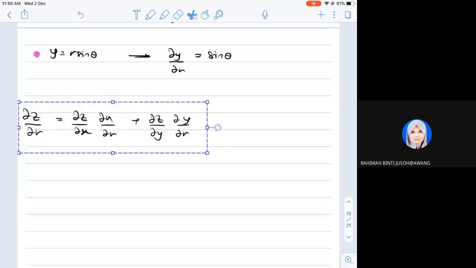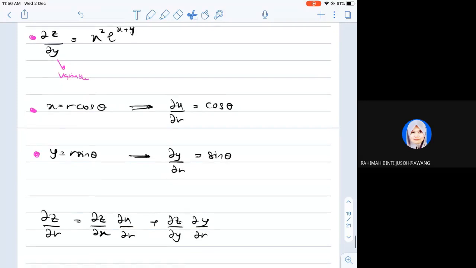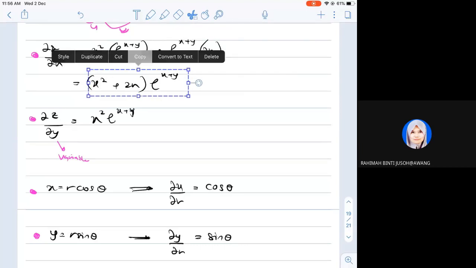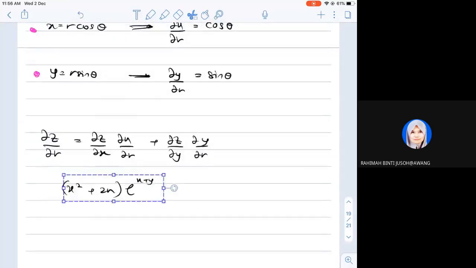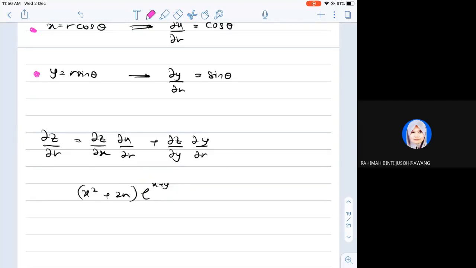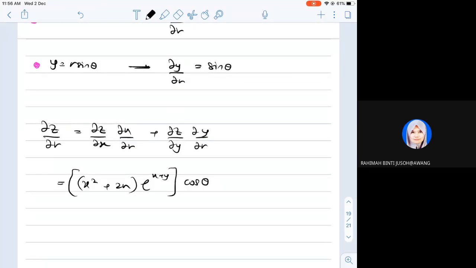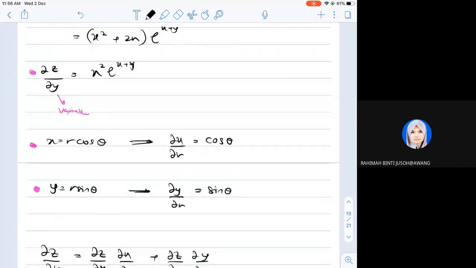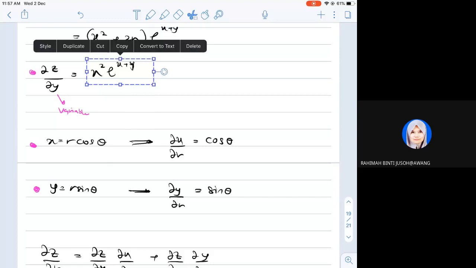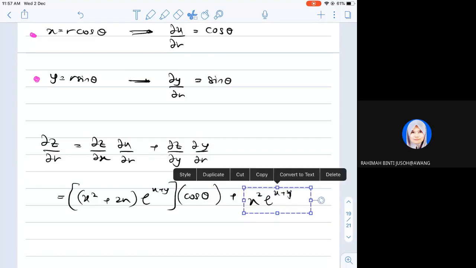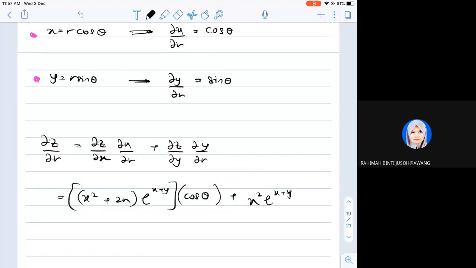So we will get del z over del x, equals to, multiplied by del x over del r is cos theta, plus del z over del y is this, multiplied by del y over del r is sine theta.